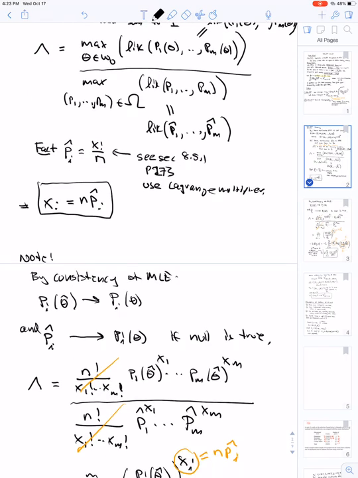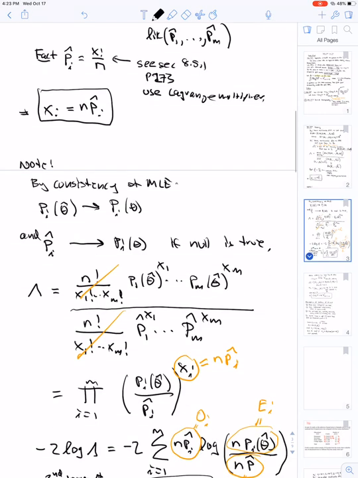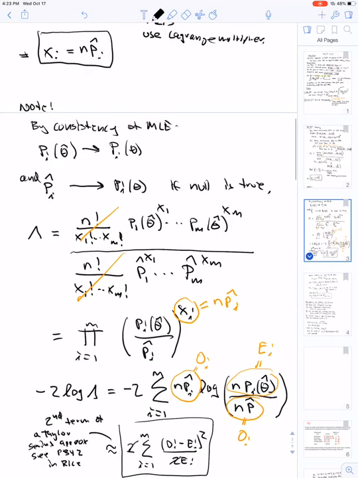So xi is n p hat i, and note also that pi theta hat will converge to pi theta because theta hat converges to theta, and furthermore, if the null is true, then pi hat will converge to pi theta. This is just consistency of the MLE.